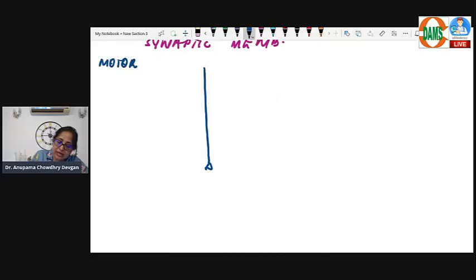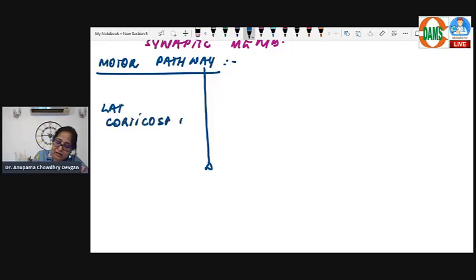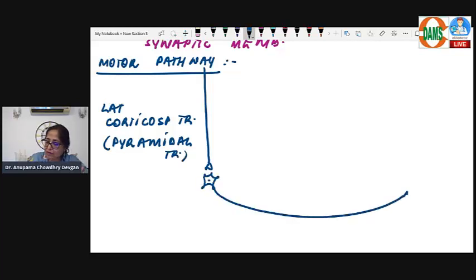What is the motor pathway? This is the lateral corticospinal tract, which is also known as the pyramidal tract. Now, this is the presynaptic neuron here. It forms a synapse with the A-alpha motor neuron.